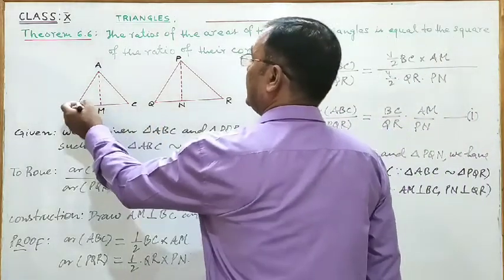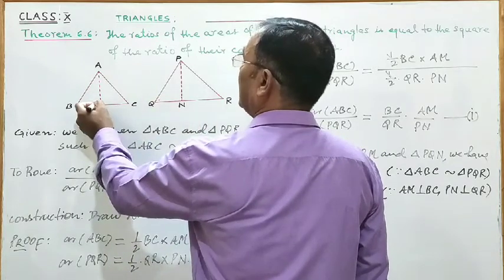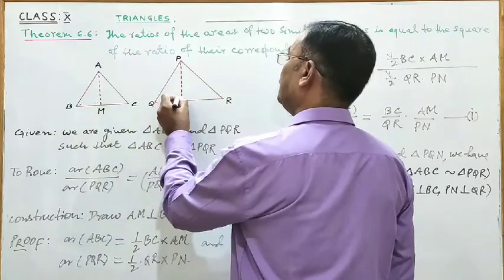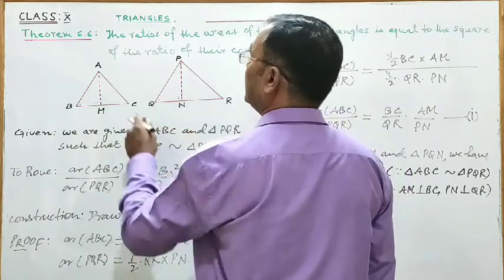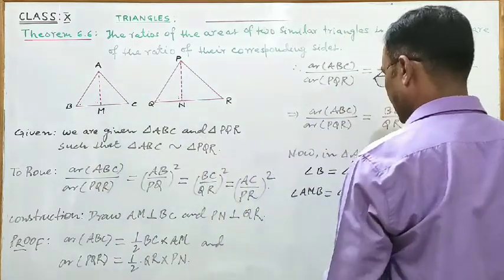So two angles, angle B equal to angle Q and angle AMB equal to angle PNQ, in triangle ABM and triangle PQN.